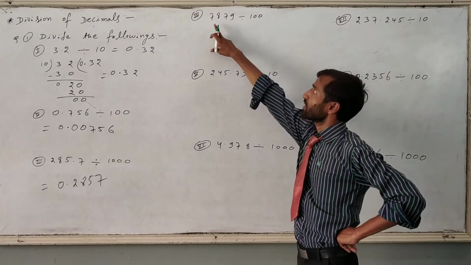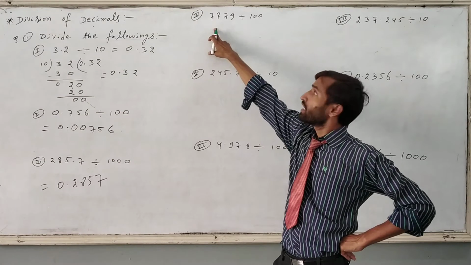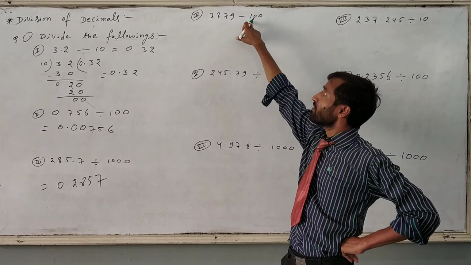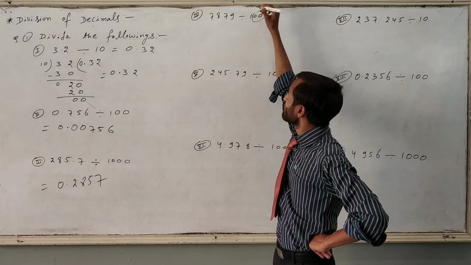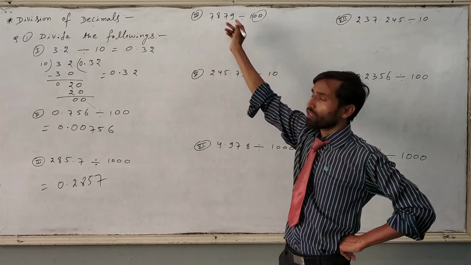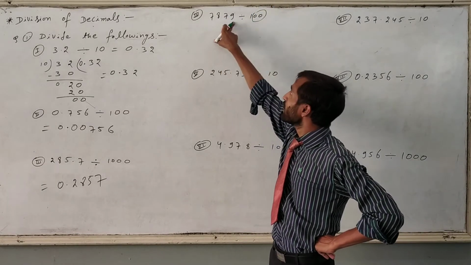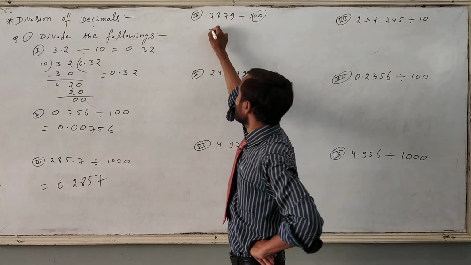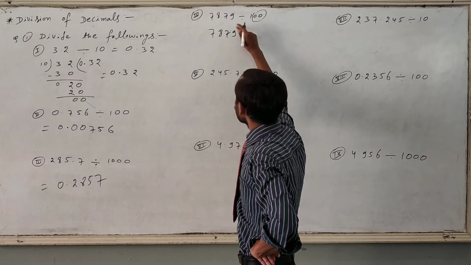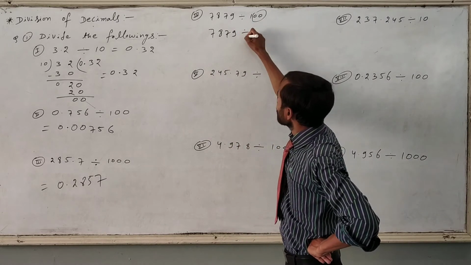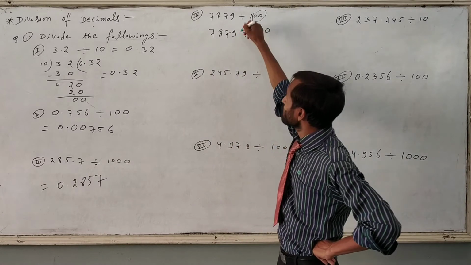Again, just here, 7879 divided by 100. 100 has 2 zeros, so no decimal places are there, which means write down just 879 point nothing, divided by 100.